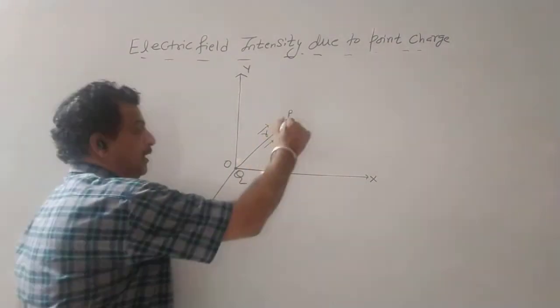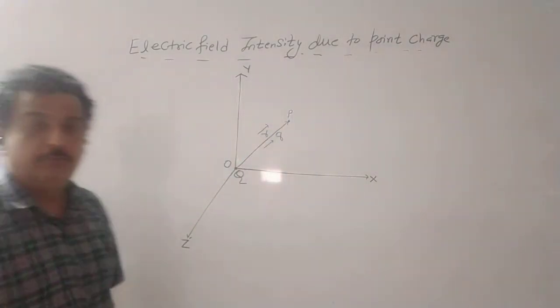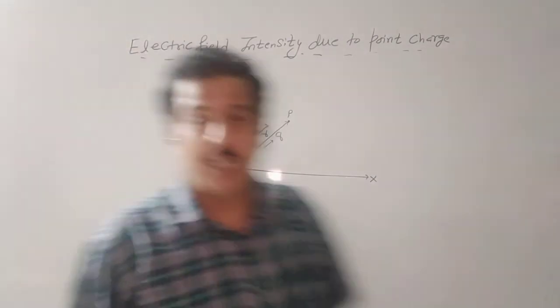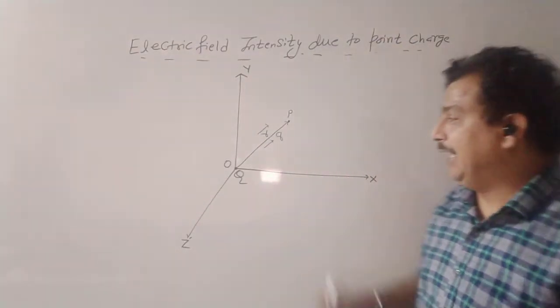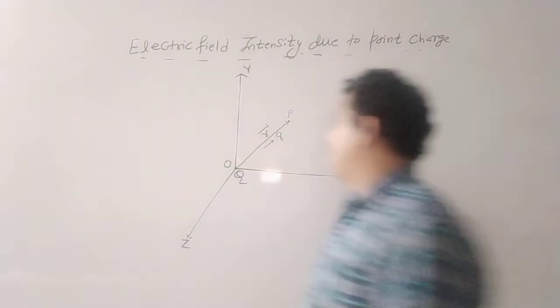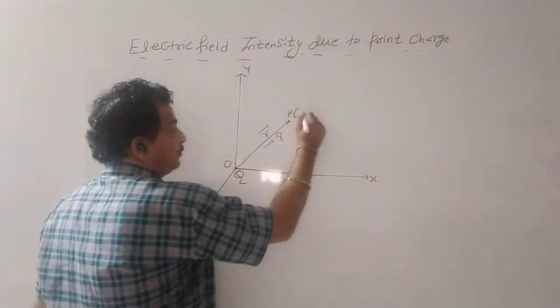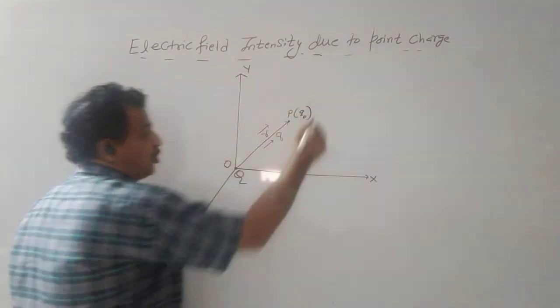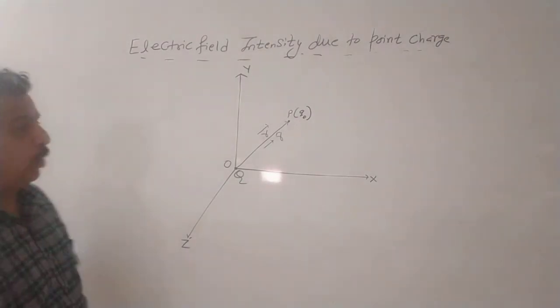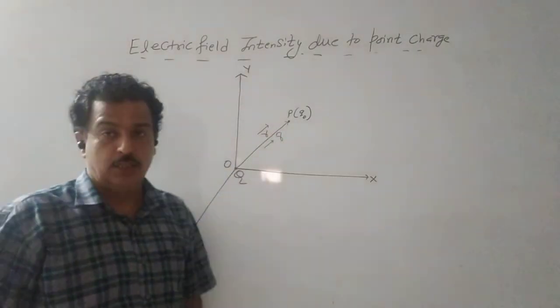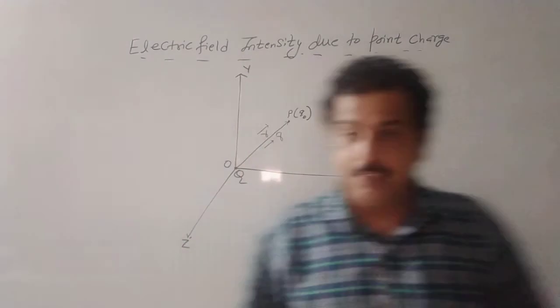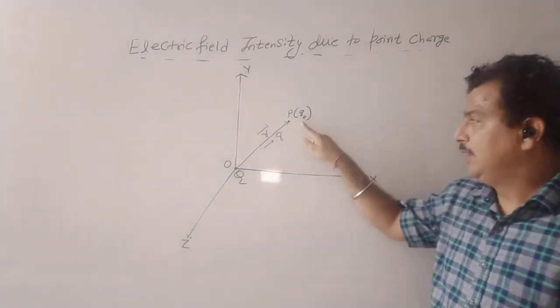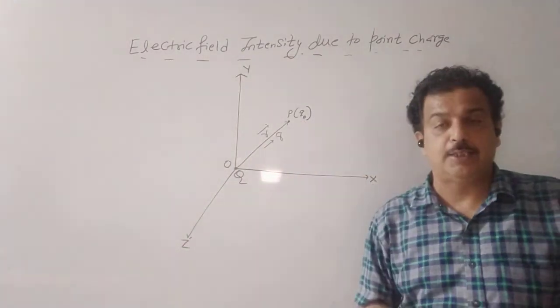So point P is a position where you have to keep a test charge to find out the intensity of the source charge. So let us assume we place a charge Q naught at point P, which is our test charge. Later on we will study this Q naught is a unit positive charge.